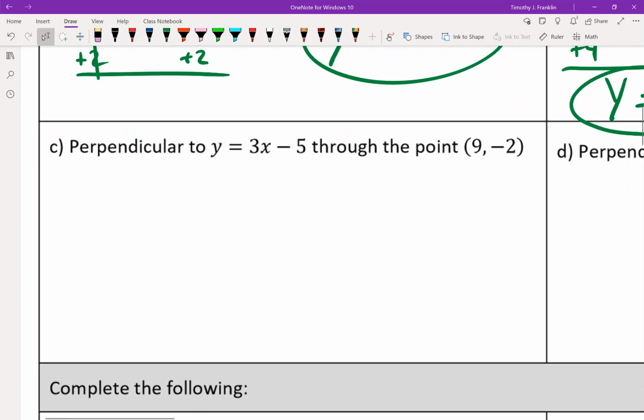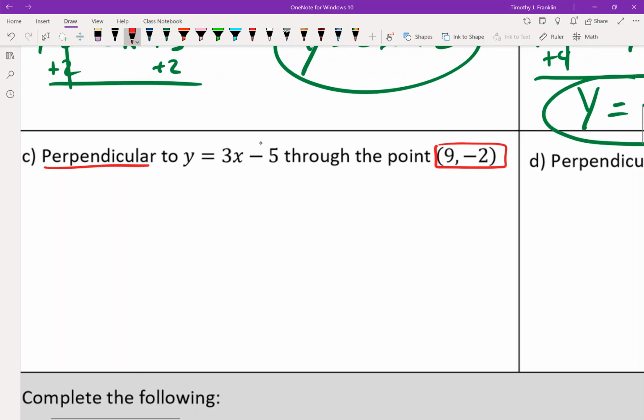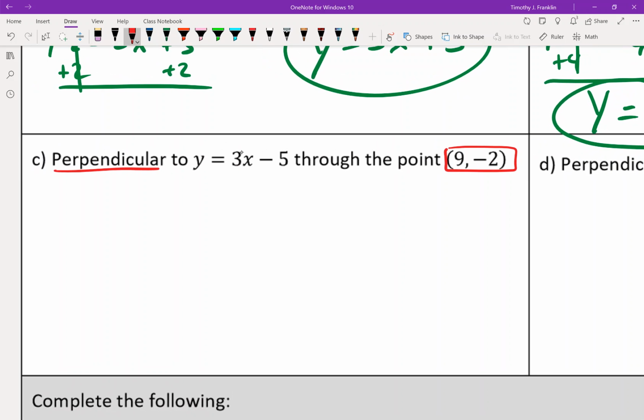So example C, which says we have a line that is perpendicular to y equals 3x minus 5 through the point 9, negative 2. Now remember, perpendicular slopes are opposite reciprocals. So the slope here is 3, but the slope of our line will be negative 1 over 3.